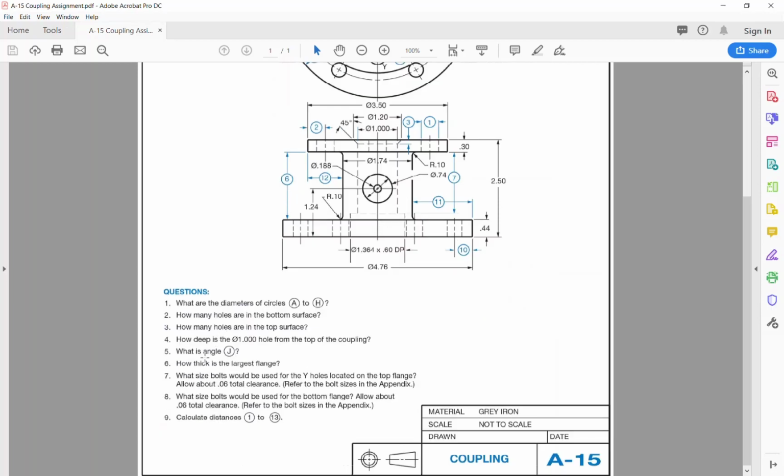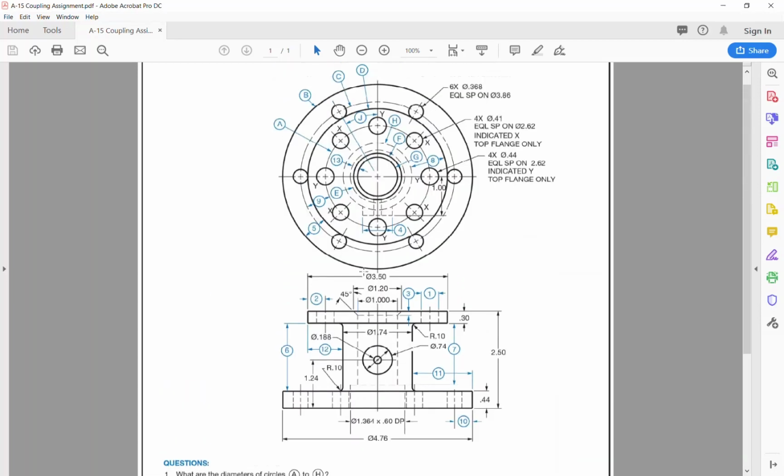Okay, the next question. What is angle J? Let's find angle J on the drawing. And here it is. So this is the hole in the bottom flange. There are 6 holes, so we take 360 and divide by 6.